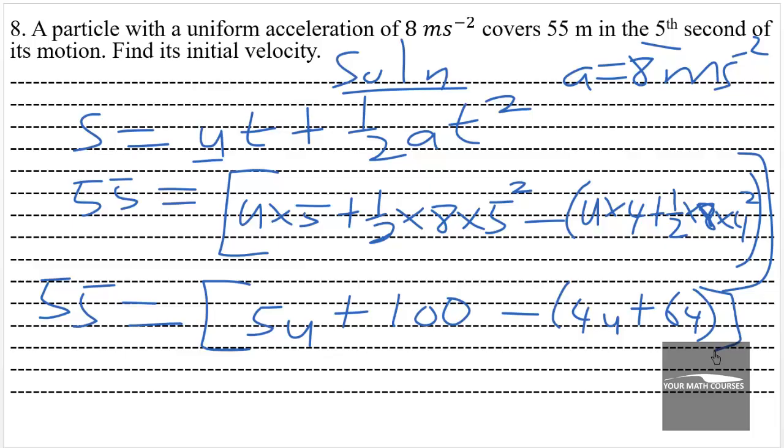So we get 55 is equal to 5u minus 4u plus 100 minus 64, and that will give us 36.